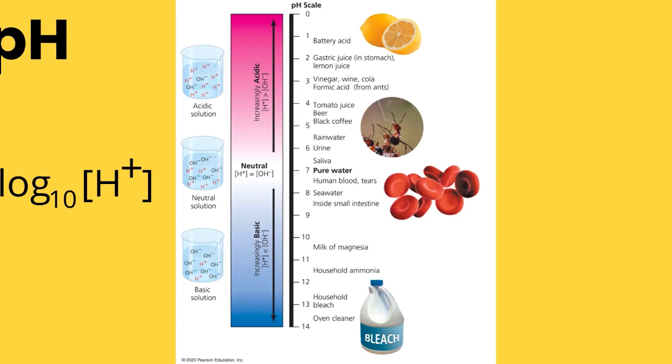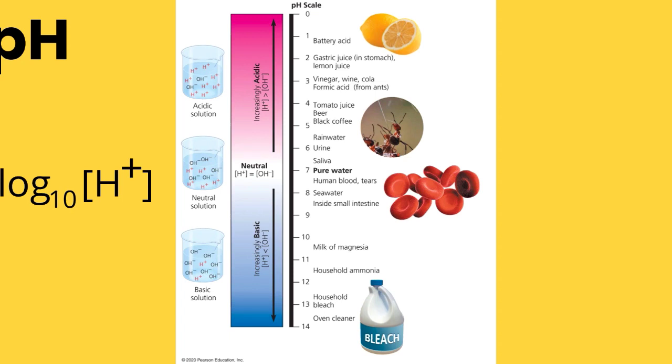For basic substances, our normal body pH for blood is slightly basic, I think it's like 7.4 or so. Inside the small intestine gets fairly basic, about 8.5. But once we get up above 10, those really aren't biological molecules or compounds.